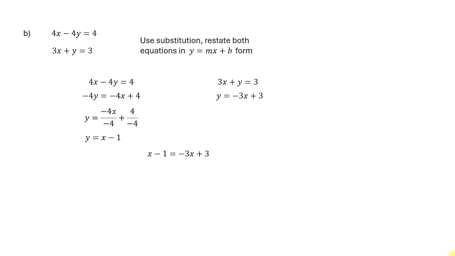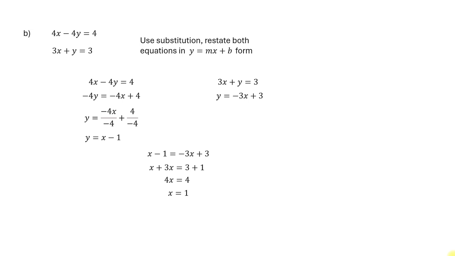So we can write x minus 1 equals -3x plus 3. We bring all our x values over into the left and our numbers on the right, and we solve for x, ending up with a value of 1 for x.